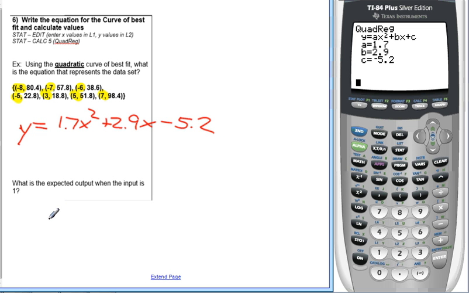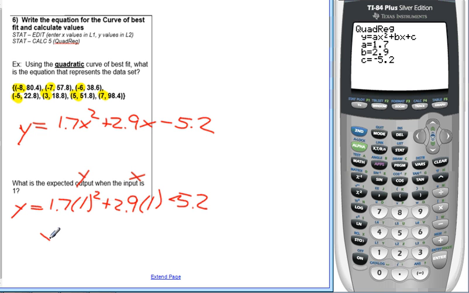So now it's asking me what is the expected output when the input is 1. So output would be y, input is x. So again, they're giving me an x and looking for a y. So I'm going to do 1.7 times 1 squared plus 2.9 times 1 minus 5.2. And actually let's go over how to put this in your calculator.